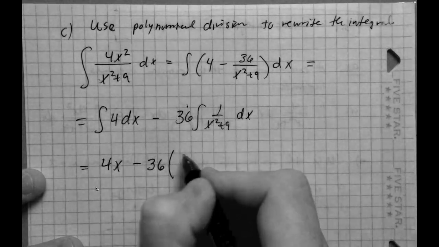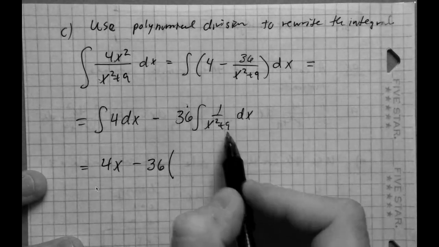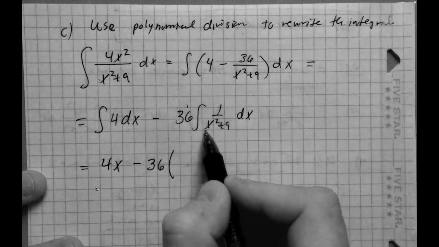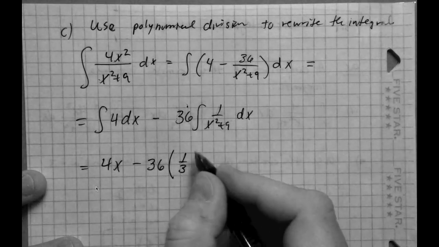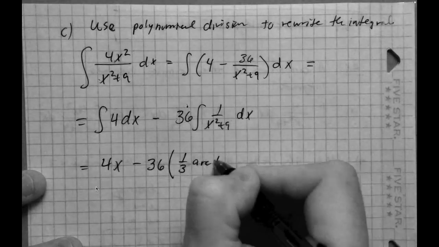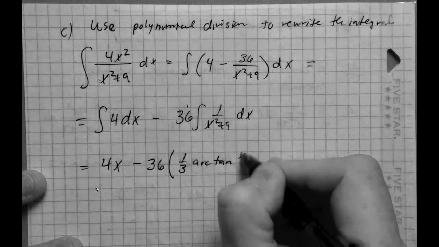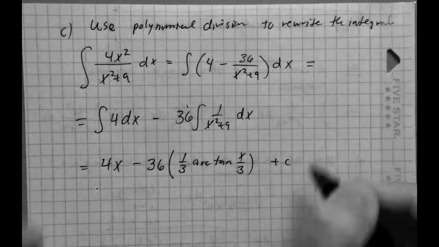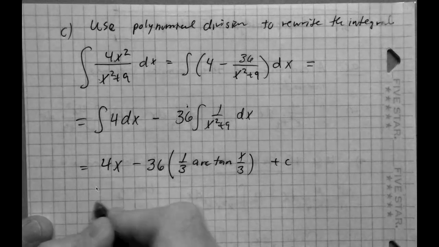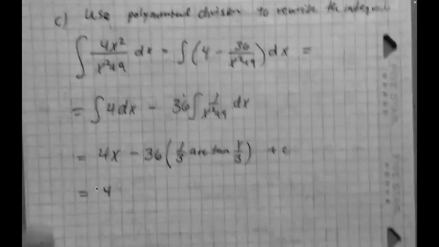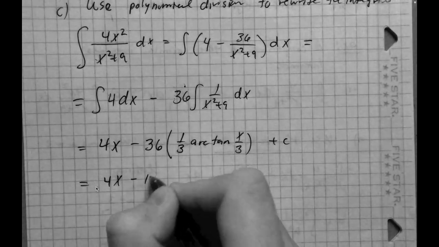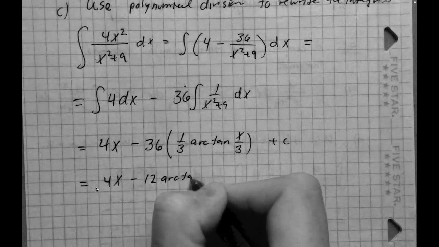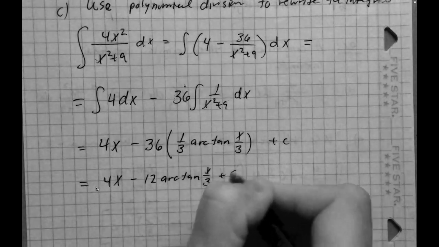Now here basically your a is 3 again, and your u is x, and so the arctan would be the form. So you get 1/3 arctan of x over 3, and then the whole thing plus c. Right, so you would end up altogether here with 4x minus 12 arctan x over 3 plus c.